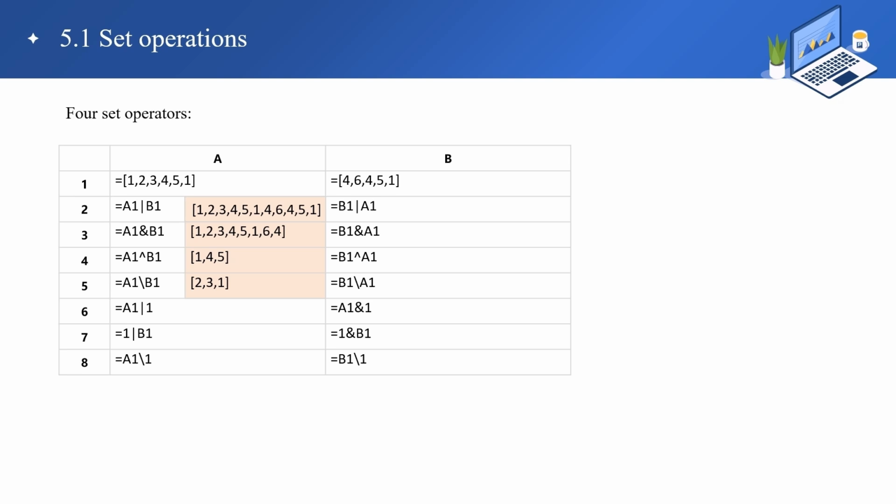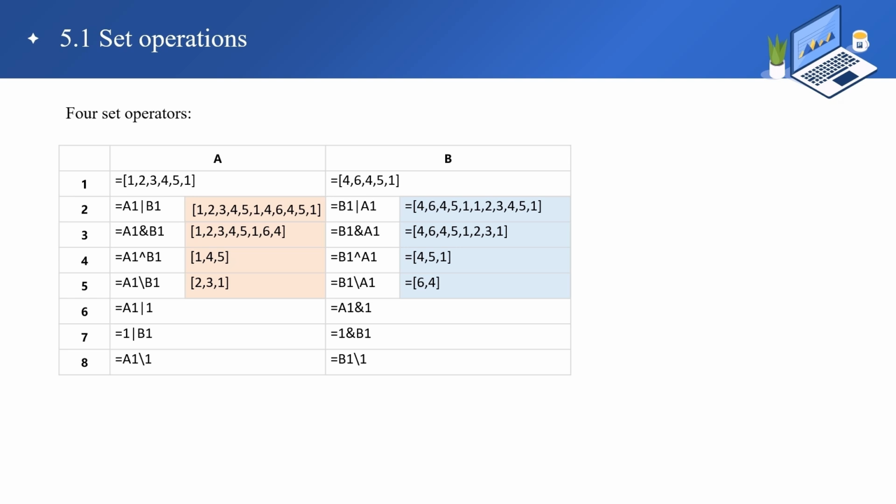It is important to note that, unlike the mathematical disordered set, the sequence is ordered, which will lead to the difference between A1&B1 and B1&A1, and that the sequence intersection and union operations in SPL do not meet the exchange law. The ordered set also allows duplicate members.